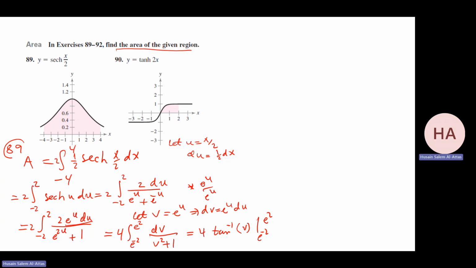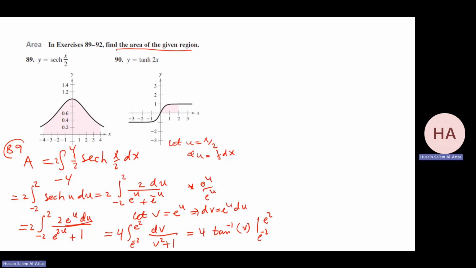Where is minus 2? I took 2. Wait a minute. u equals x over 2, I don't know if I'm mixing it up. That will be minus 2 to 2, okay, minus 4 to 4.